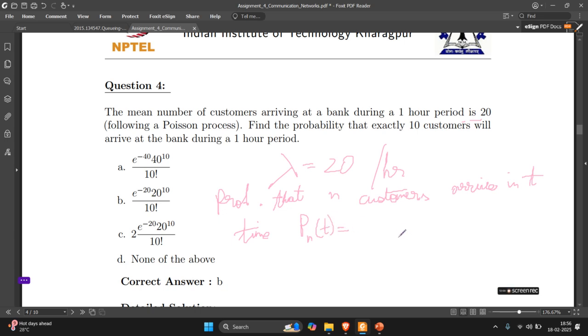Now this is exactly governed by the Poisson distribution. So it will be e to the power minus lambda t into lambda t to the power n by n factorial.